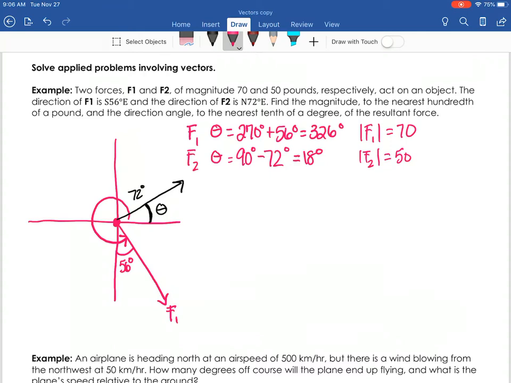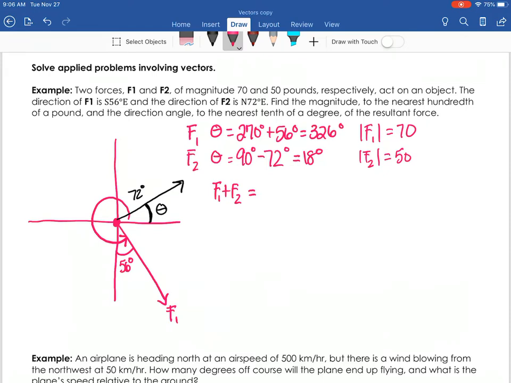Okay, the question says, find the magnitude to the nearest hundredth of a pound, and the direction angle to the nearest tenth of a degree of the resultant force. So the resultant force is what we get when we add those two together. Let's first find F1 plus F2.